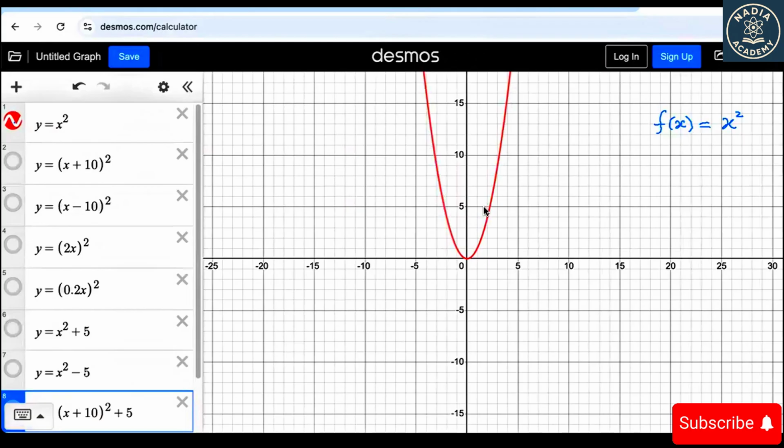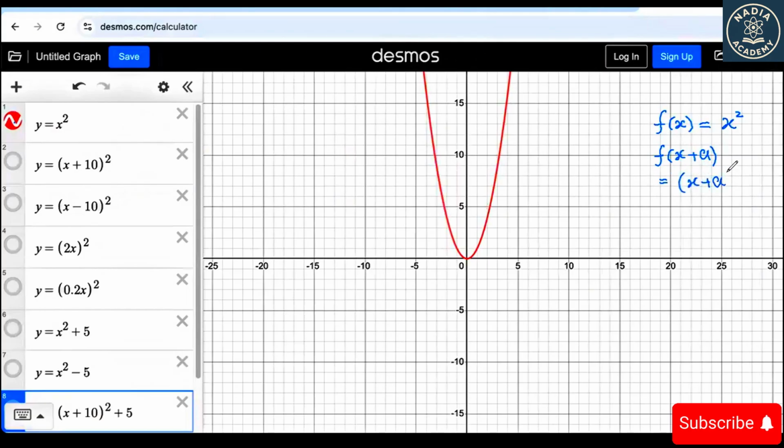Now we apply the first transformation, and that transformation is that we are going to add to the independent variable, meaning that now our function will be f of x plus some number a. This means that we are going to replace our x with x plus a.